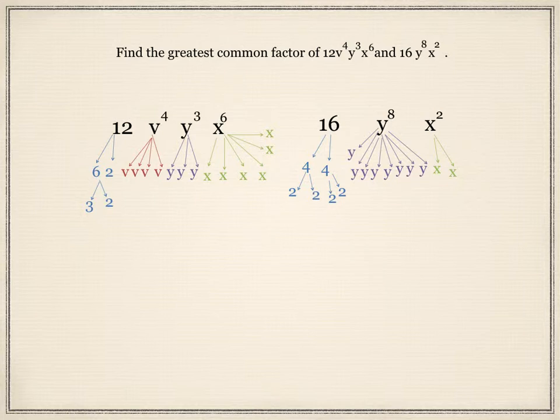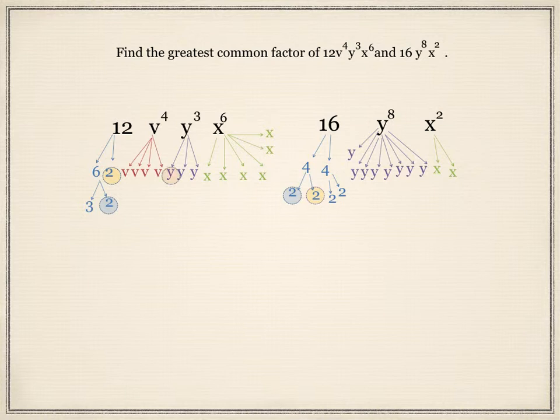Now, to find the greatest common factor, we want to find the factors that they have in common. So I'm going to look at my 12v to the 4th, y to the 3rd, x to the 6th, and see which factors it has in common with our 16y to the 8th, x squared. As far as numbers go, I have a 2 on my 12 and a 2 on my 16, a 2 on my 12, a 2 on my 16.